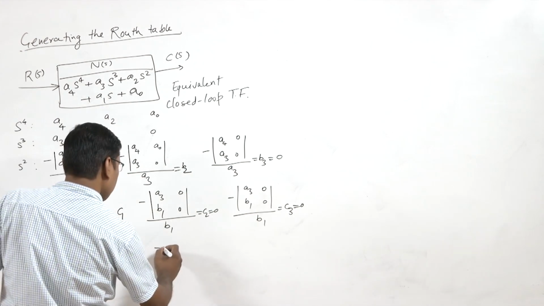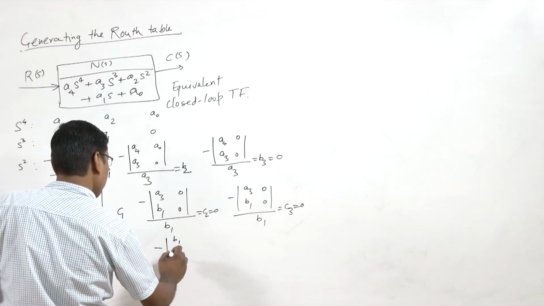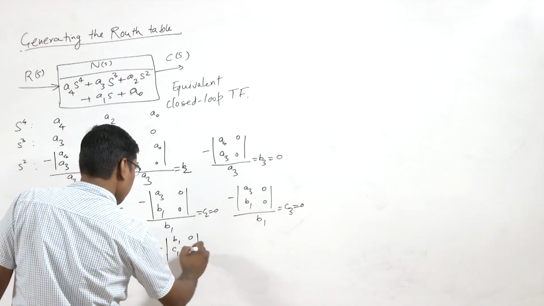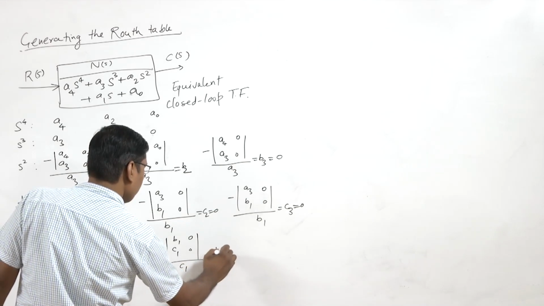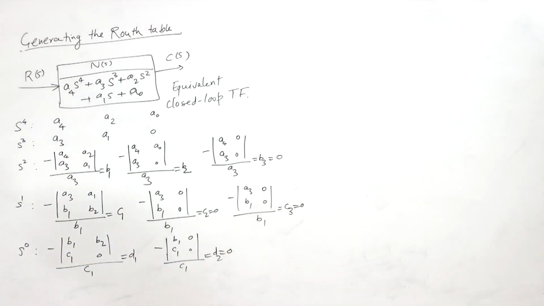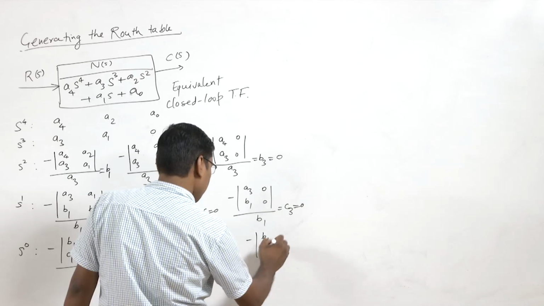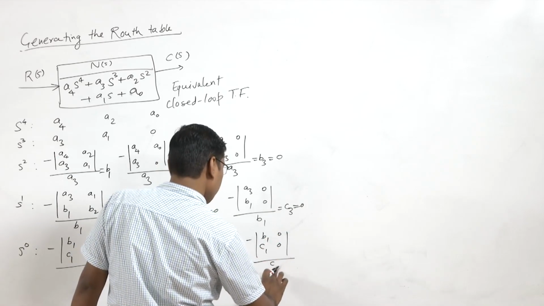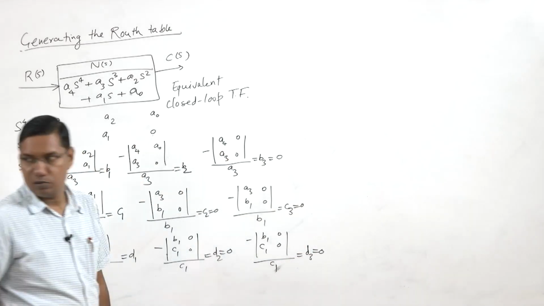Then minus B1 C1, and then the next column 0 0 by C1, that is equal to D2 equal to 0, and this also minus B1 C1 0 0 by C2 C1 equal to D3 equal to 0.